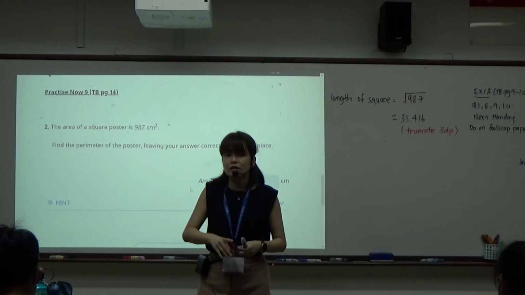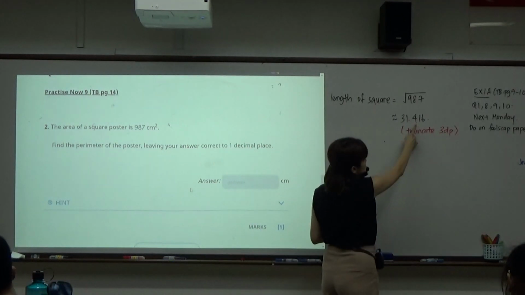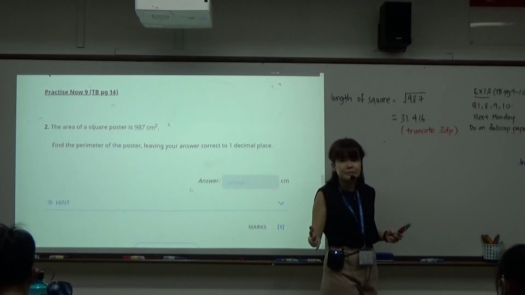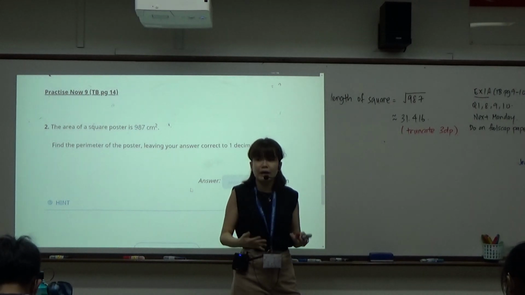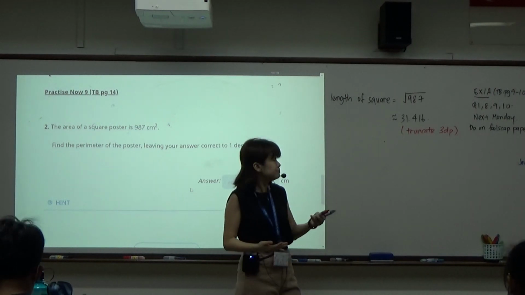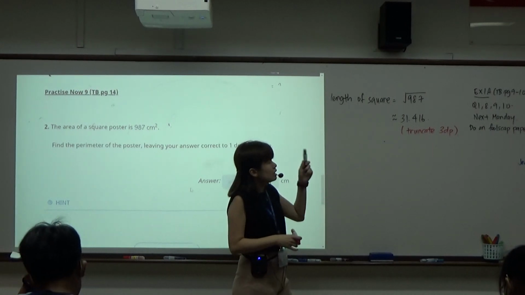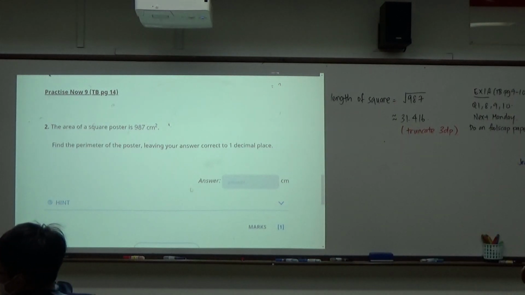Truncate means that you chop off the numbers after 3 decimal places. So truncate means chopping off the remaining numbers. No need to round off. For now, we will have this practice. Questions? The reason for this is because of accuracy issues. We'll talk more about this when we reach Chapter 3.